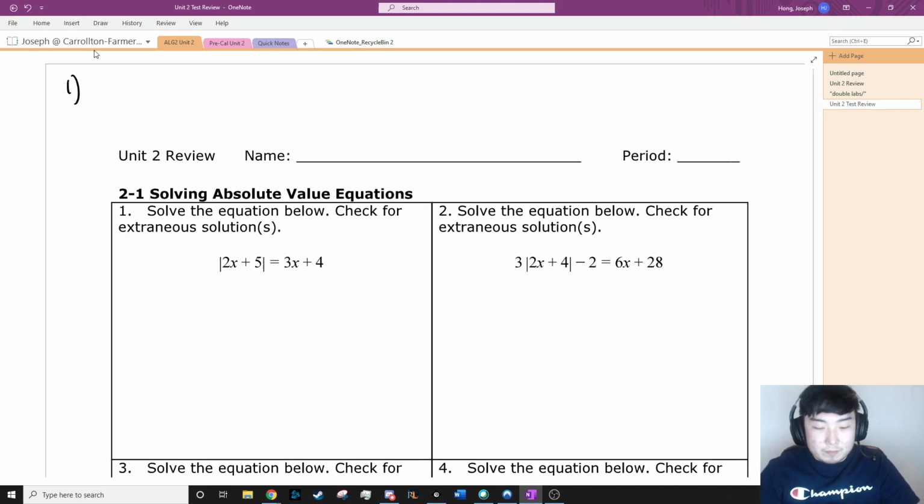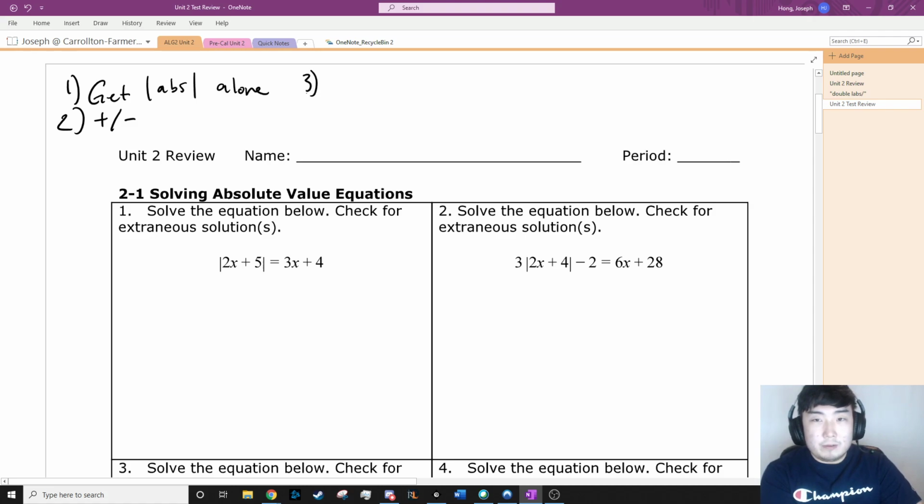Step 1 is to get the absolute value alone. Step 2, plus slash minus. Step 3, simplify. And step 4 is check.